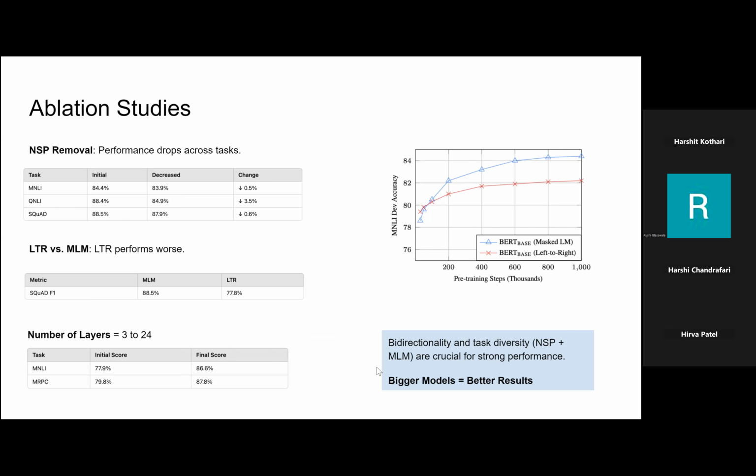Next, we try to have the feature-based approach instead of the fine-tuning approach. So what is done is, instead of fine-tuning the parameters of BERT for a specific task, we take a few of the tokens from the top layers, concatenate those, extract the activations from all, and try to predict on some benchmark.